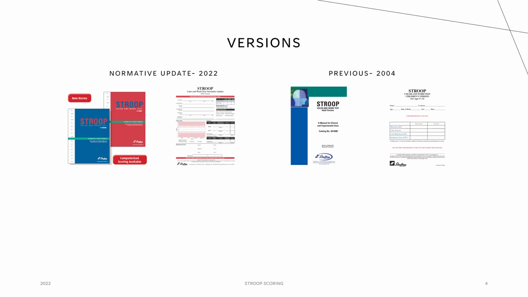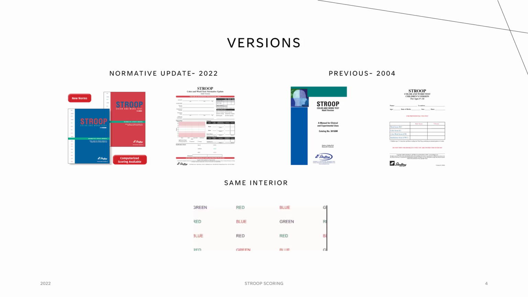There are two versions of the Stroop currently, what we'll call the previous version, which was released in 2004, and a new normative update version that was released in 2022. The previous version is still available for just a little longer. We're sunsetting that and transitioning to the normative update, so you should get any new kits as a normative update. Both versions have an adult and children's version.